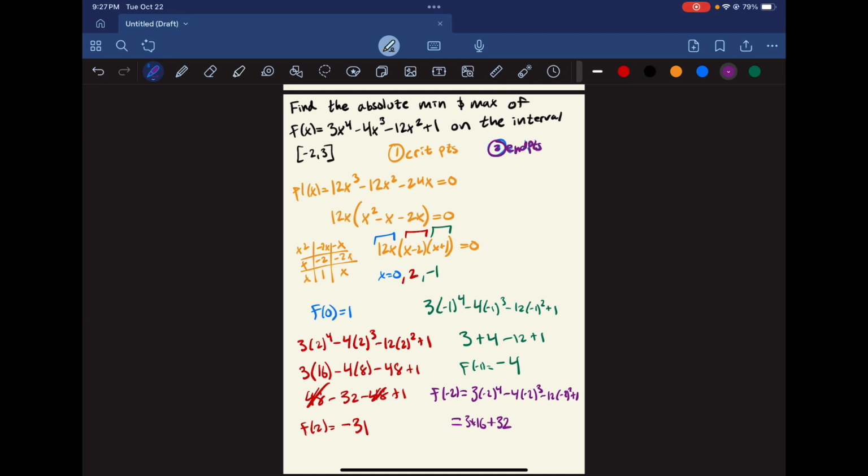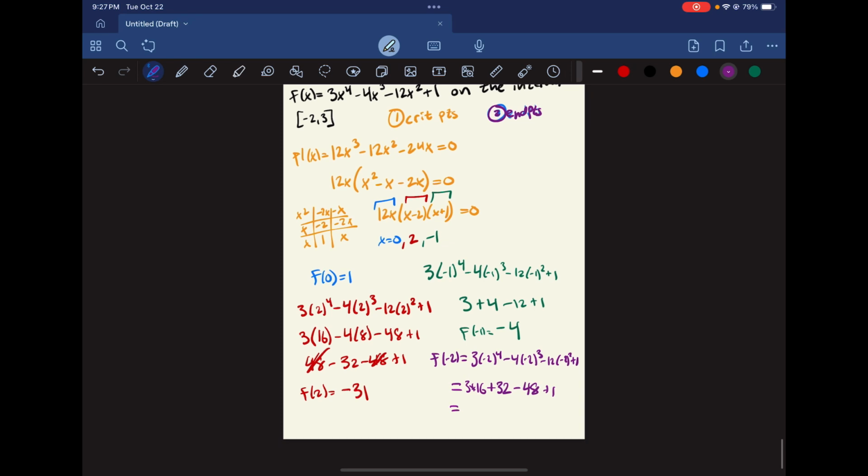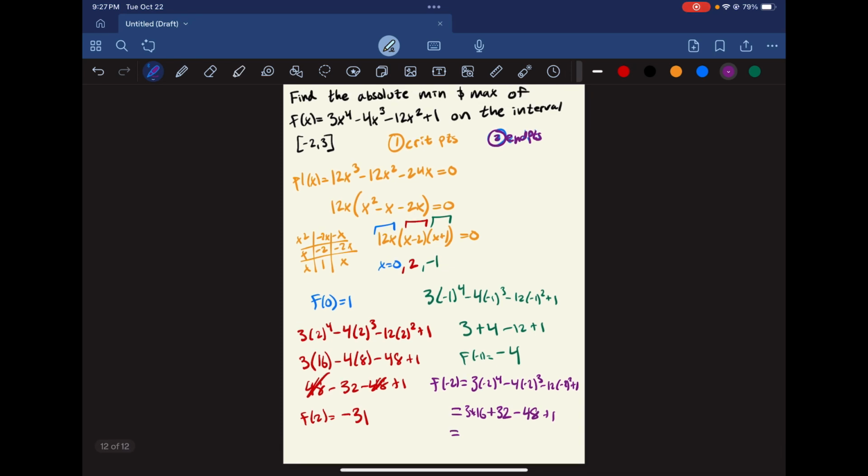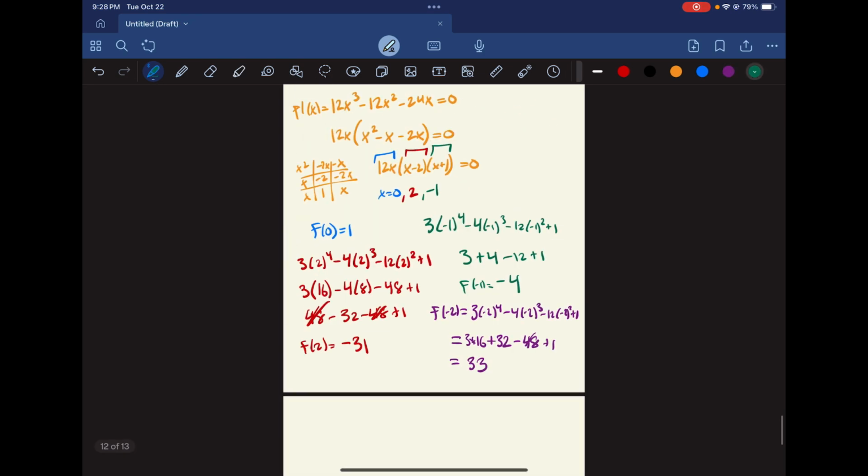And then negative 12 times negative 2 squared, that will be a negative 48, because negative 2 squared is 4, and then plus 1. Well, these two 48s cancel out, so we're left with 32 plus 1, so that's 33. So we get 33 for that one.